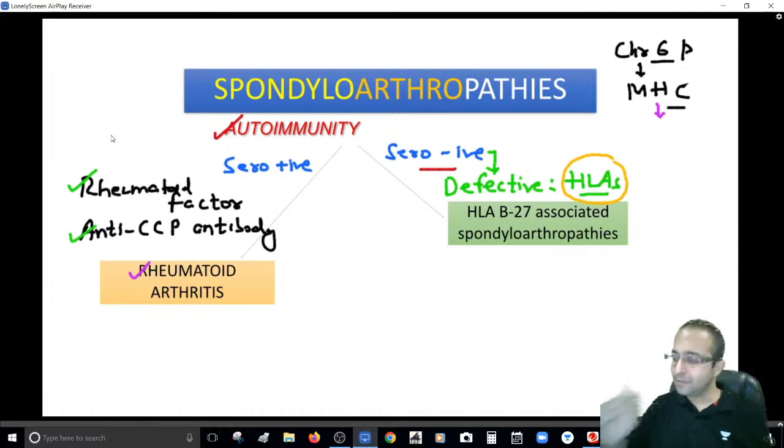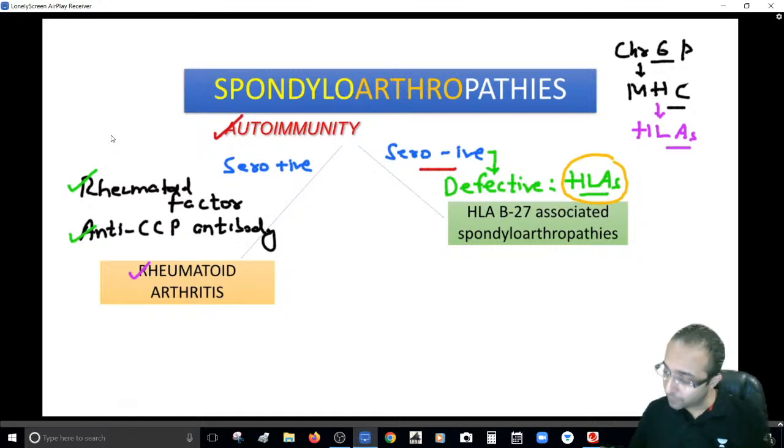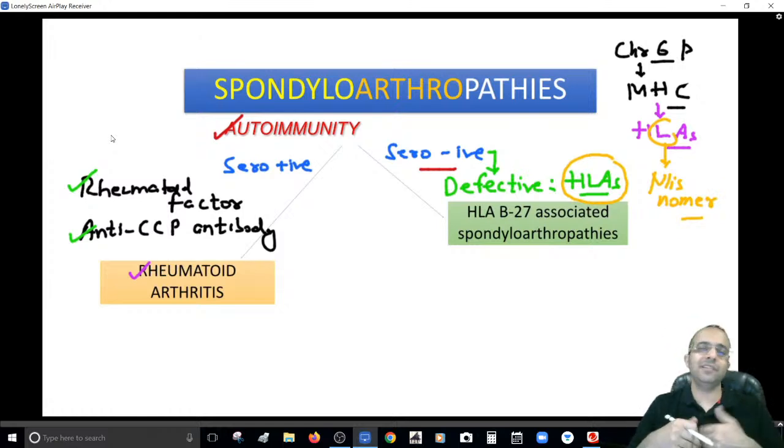The proteins coded by the major histocompatibility complex are called the human leukocyte antigens, HLAs. And the biggest thing here, this word leukocyte is a misnomer, because these are not proteins found just on the leukocytes. They are called leukocyte antigens because they were first identified on the leukocytes.